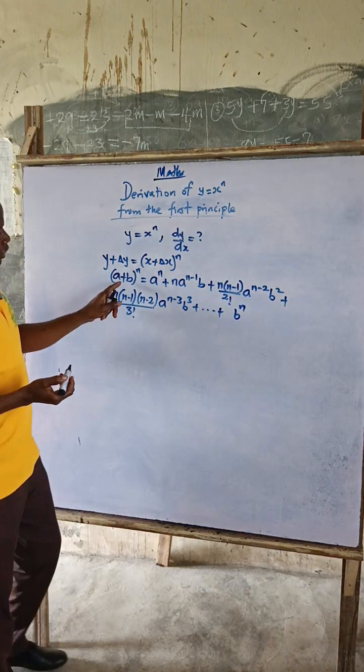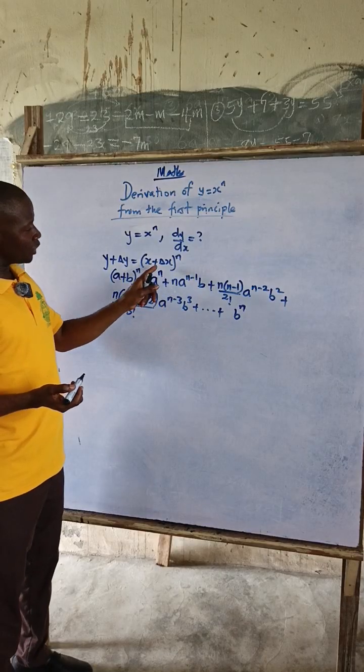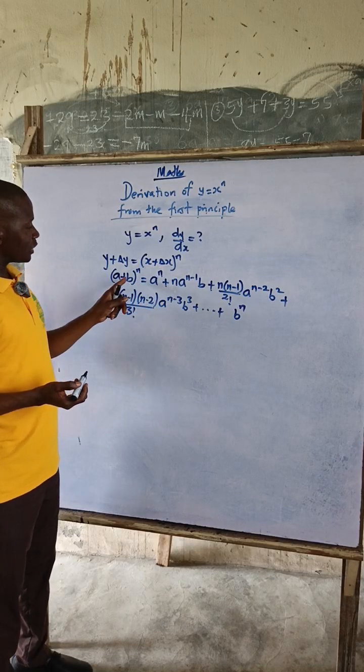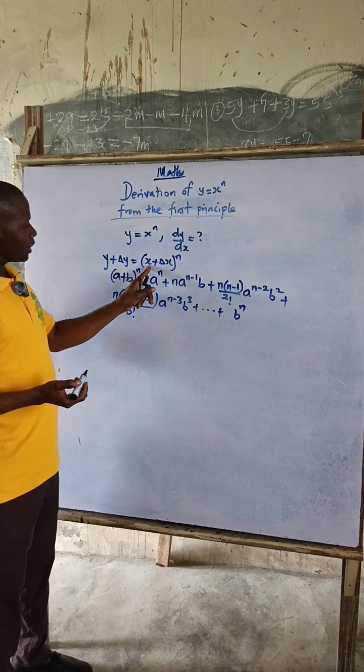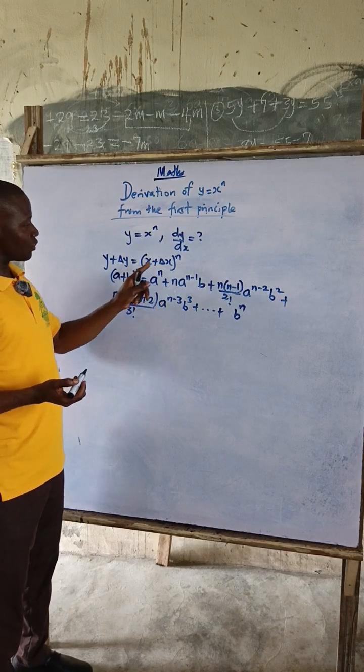Now we are going to use this in expanding. So a equals x, b equals delta x, n equals n.